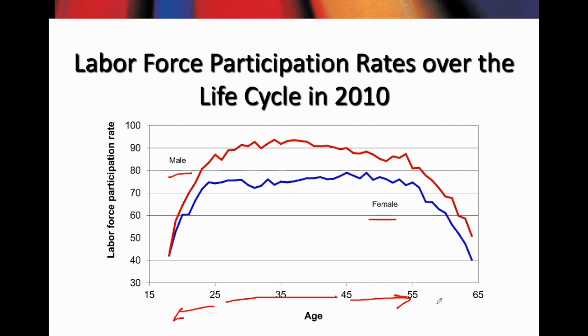However, when they get older, beyond 55, the labor force participation rate for the age group 55 years and above starts to decline. So over here we find the relationship between life cycle and the labor force participation rate.